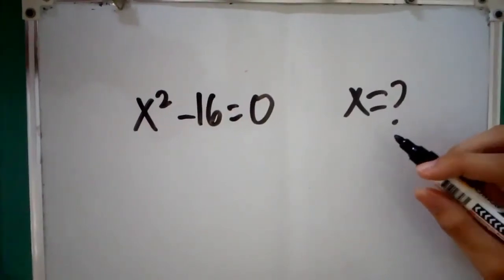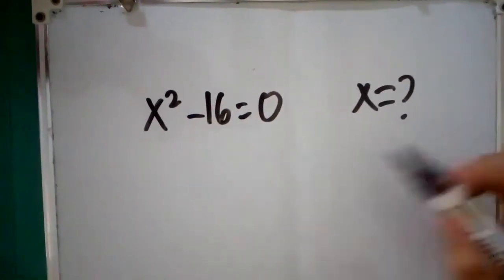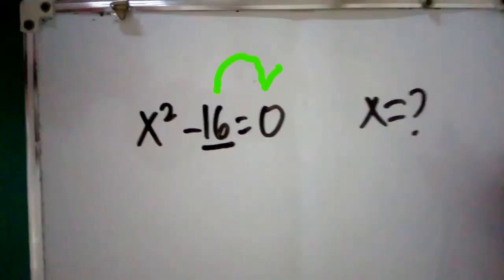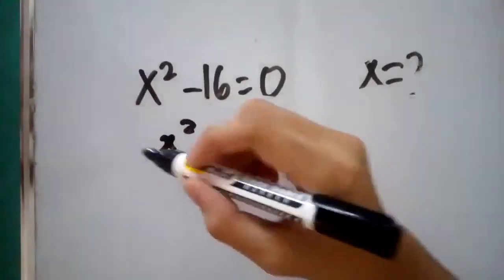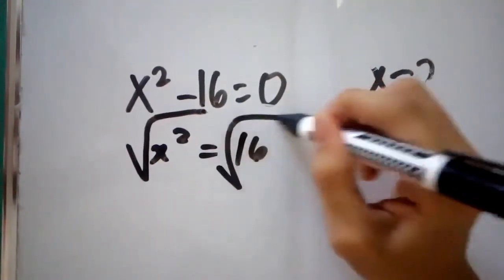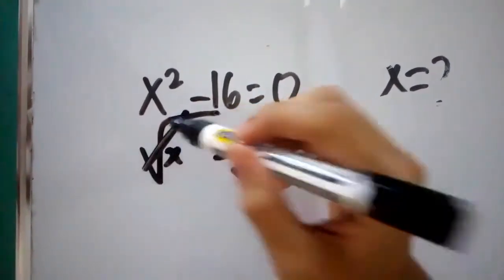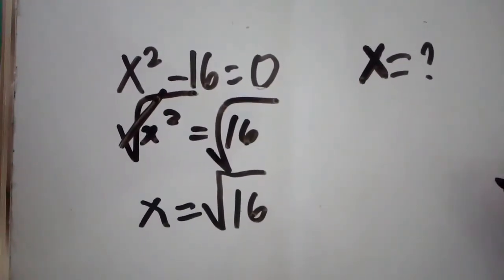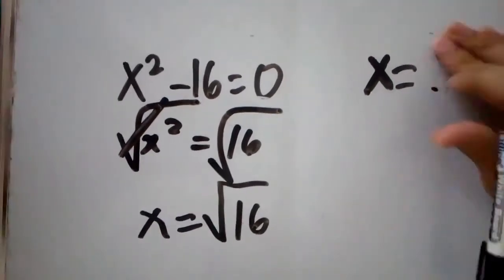That means we need to transpose minus 16. The square root squared and the square root of 16 cancel. So x is equal to positive and negative 4.